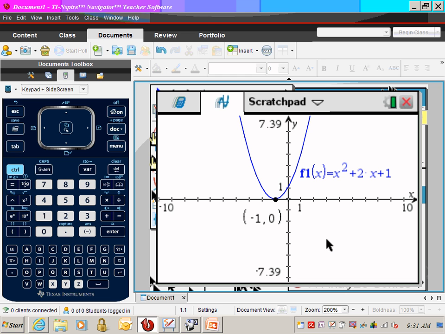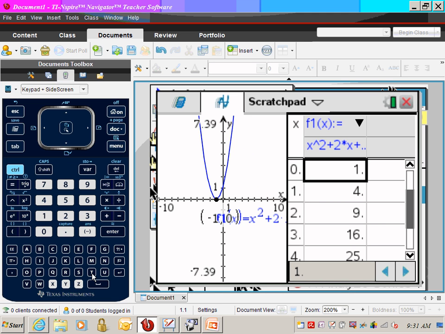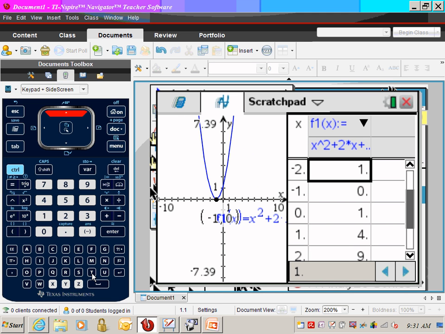So to get our table with the calculator, we do Control T. And we want to actually put that point -1, 0 in the middle of our table. So it's right here. Now if you look, you've got 1, 1, 4, 4. So this was the middle point, right?